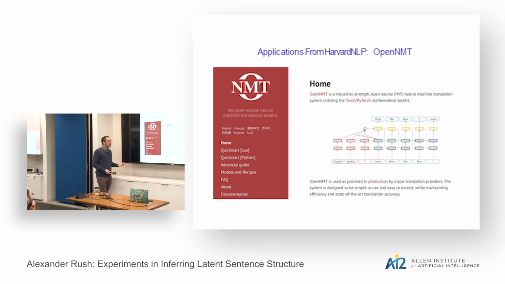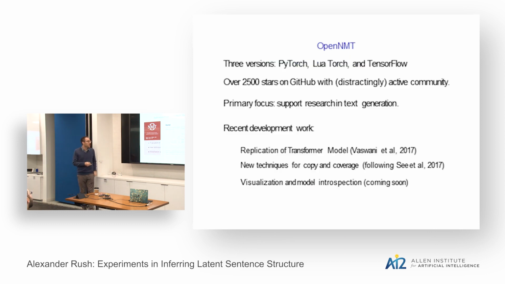And the center of our work is an open source toolkit that we built called OpenNMT. And it re-implements all these ideas of machine translation in an open source framework. We do this in collaboration with a company called Systran, which is a French company that works on machine translation. And they use this open source toolkit to provide translation services.